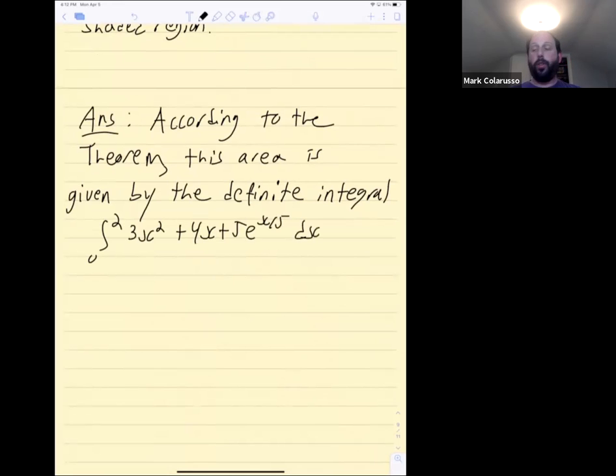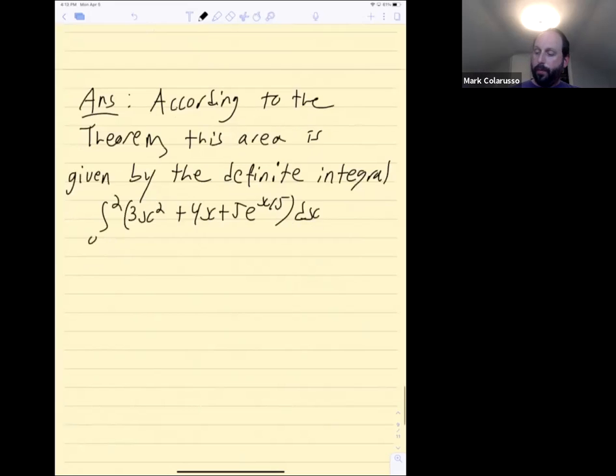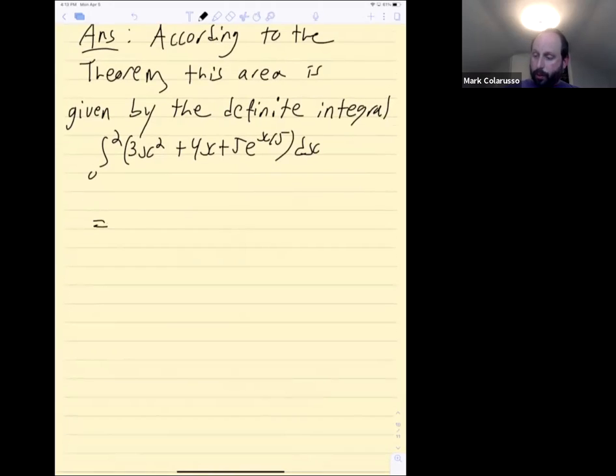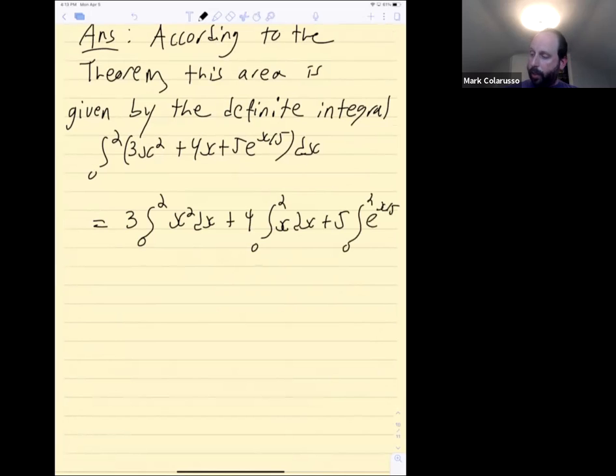And again, we should use our rules about definite integrals to compute this. So this is 3 times the integral from 0 to 2 of x squared dx, plus 4 times the integral from 0 to 2 of x dx, plus 5 times the integral from 0 to 2 of e to the x over 5 dx.